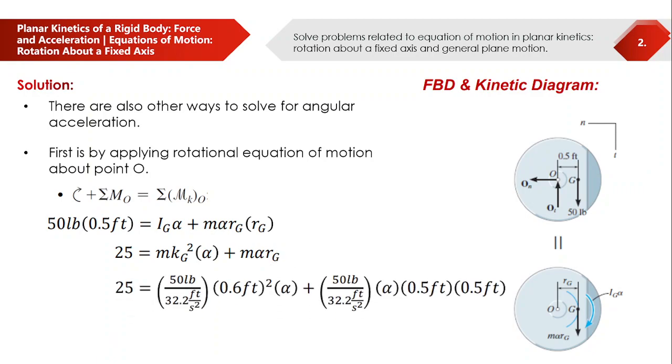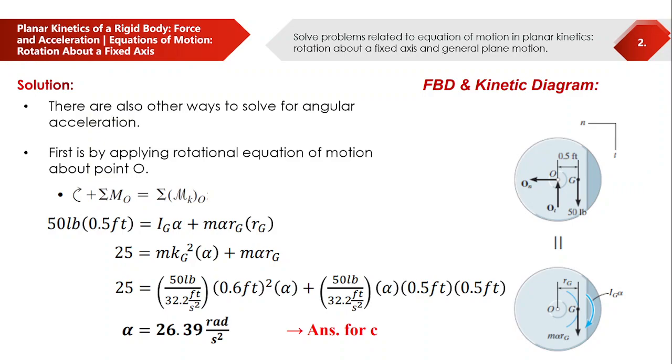So 25 is equal to 50 pounds over 32.2 feet per second squared times the radius of gyration, 0.6 feet squared, times alpha, which is the unknown, plus 50 pounds over 32.2 feet per second squared times alpha times 0.5 feet times 0.5 feet. Therefore, your angular acceleration will be equal to 26.39.